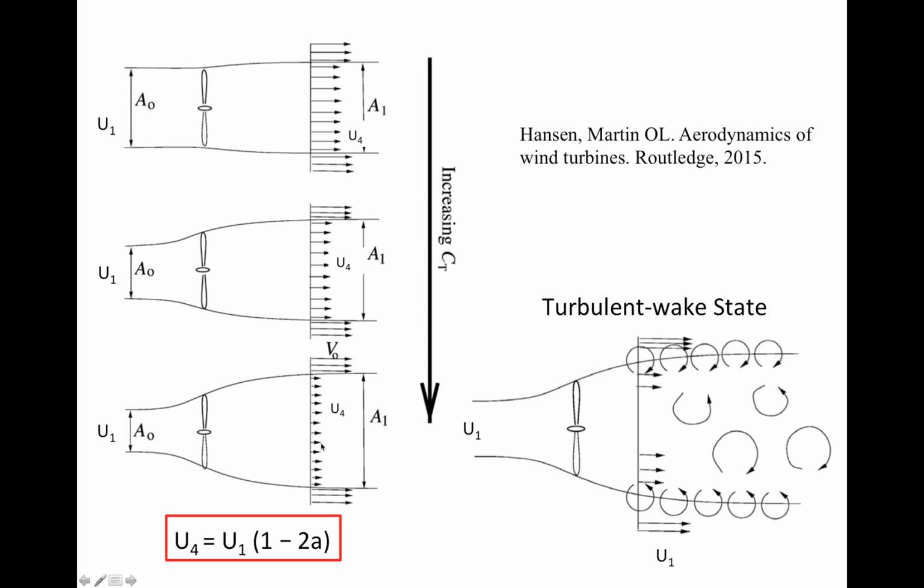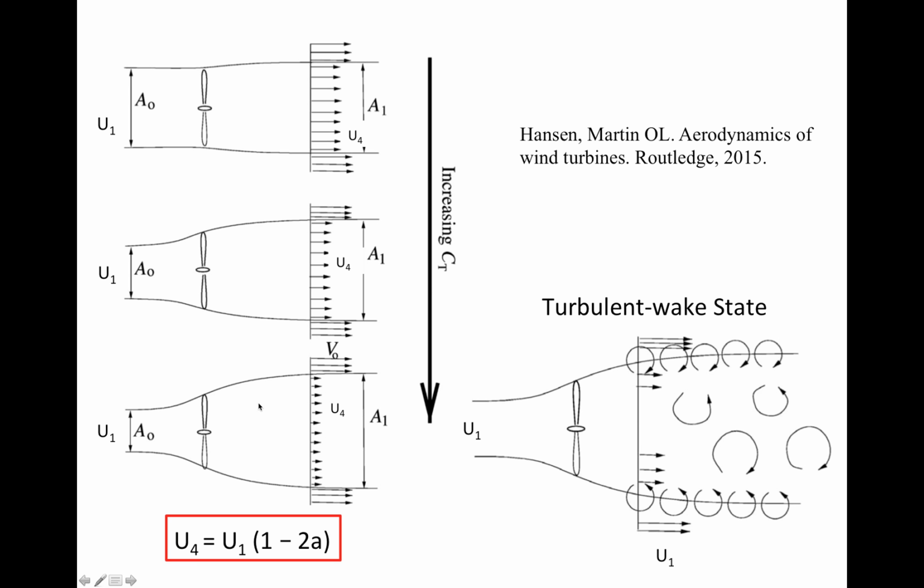That's the wake speed. At that time, we did not consider the valid range for A in which u4 obtained from this expression still makes sense. Suppose A is larger than 1/2, then maybe u4 becomes negative, maybe it's pointing in the opposite direction. Is it still valid? So A has a certain range for u4 to be still valid.